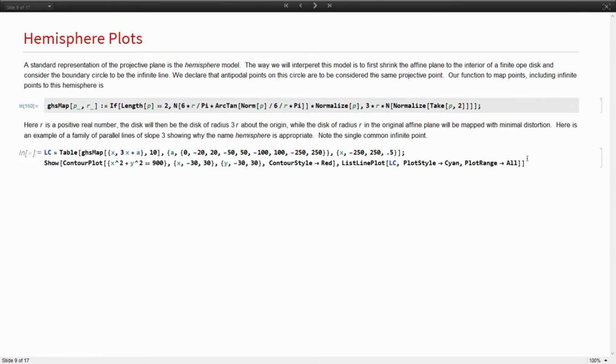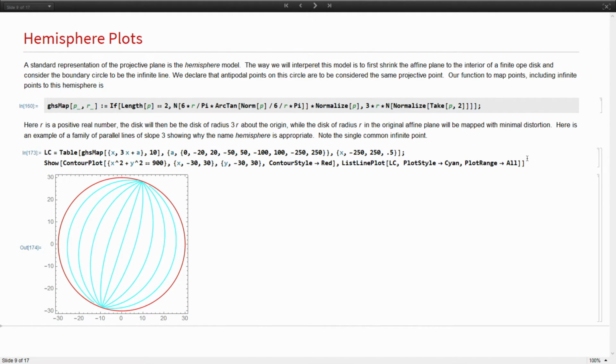And a good way to see this is I'm going to plot on this hemisphere model a collection of parallel lines of slope 3. And let's see what happens here.